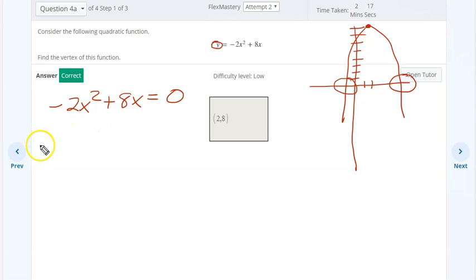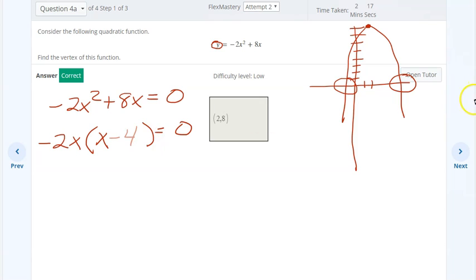So here we're going to factor out a -2x, and we get then x plus 4 equals 0. This has to be a negative 4, excuse me, because when I factored out the negative, I had to reverse that sign. There you go.